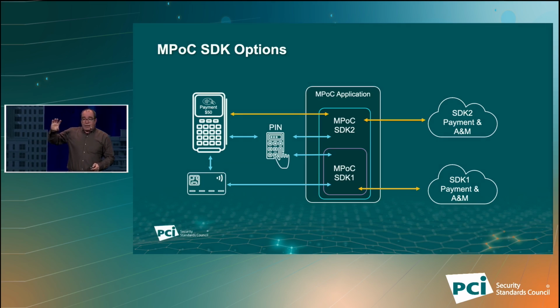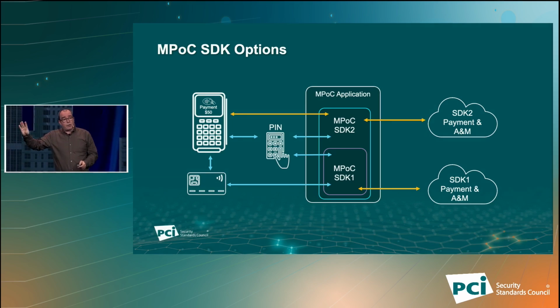Now, they might still have separate payment backends, separate A&M backends. There's complexity here because they might have been developed by different entities, and that needs to be accommodated for.